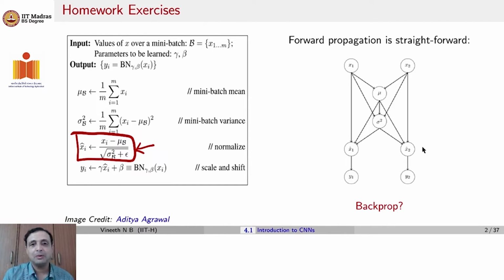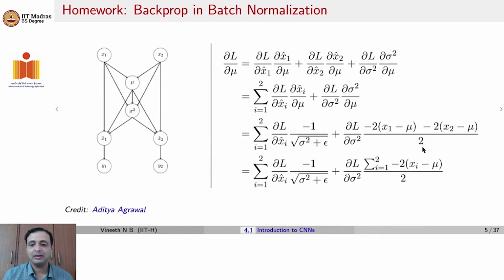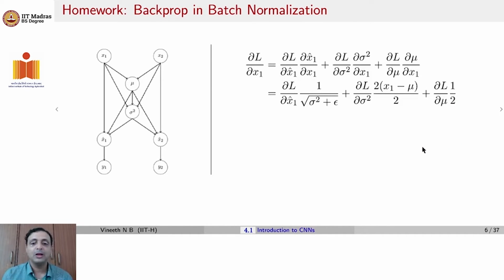So ∂μ/∂σ² becomes a summation of all of these gradients, and that's what we get here. Each of these is one gradient with respect to one of those inputs, x1. Similarly, this would be the gradient with respect to x2, and so on and so forth. And that's how you get your ∂L/∂μ.